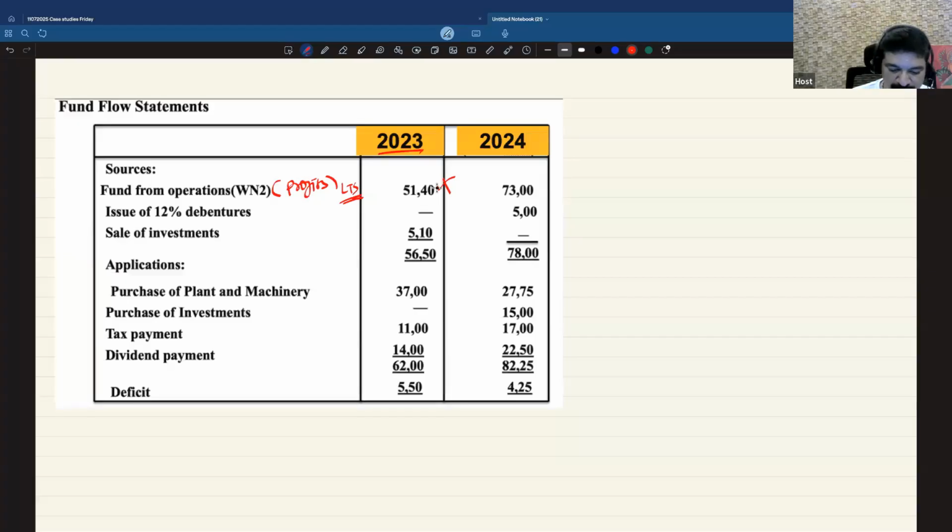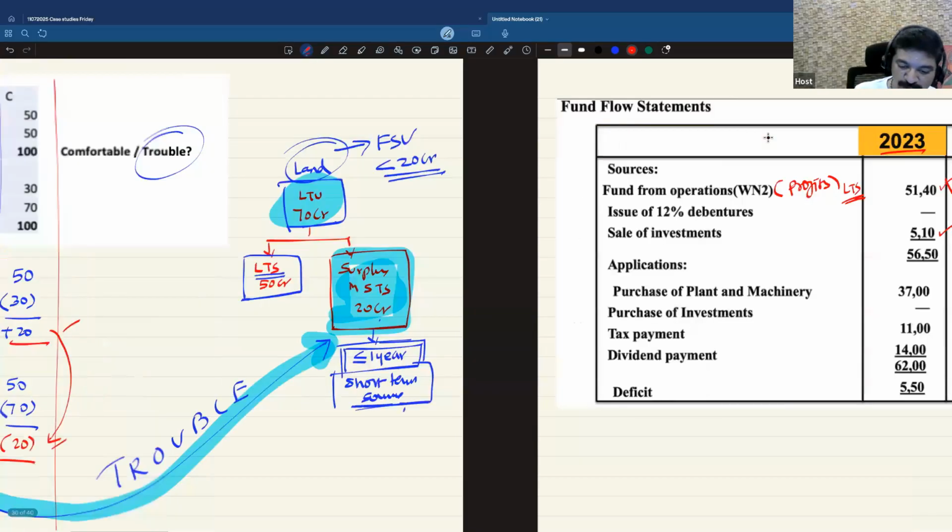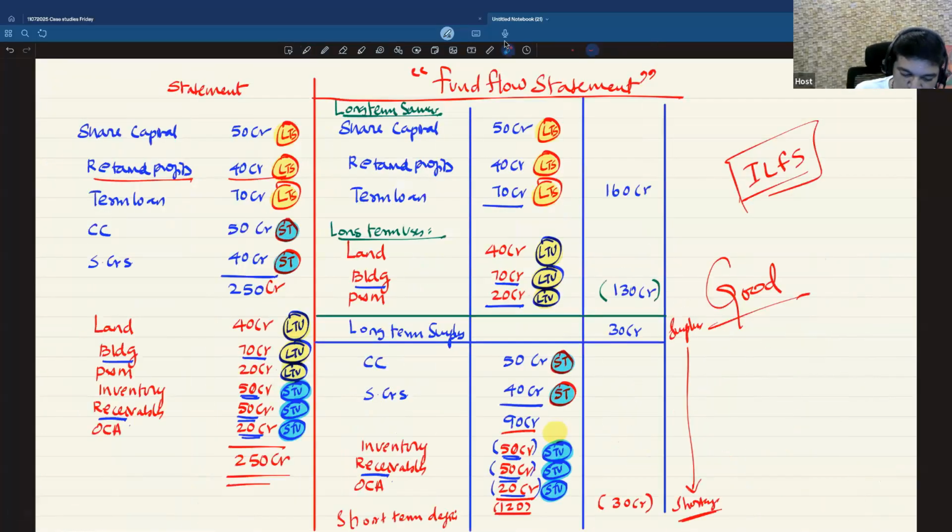And they have sold some investments also. If purchase of assets and investments is a long-term use, that is money going out, then the sale of it should be considered as long-term source. Agreed or not?